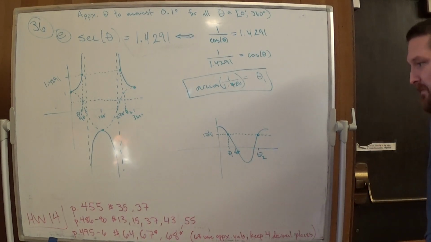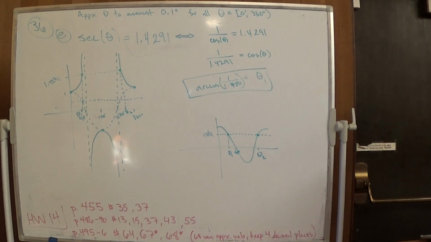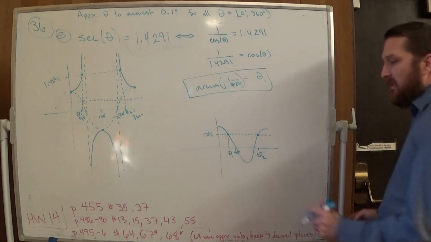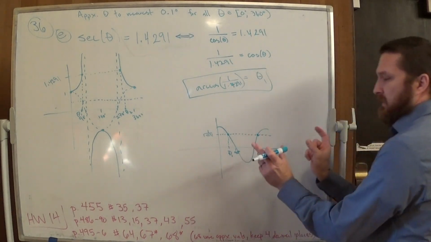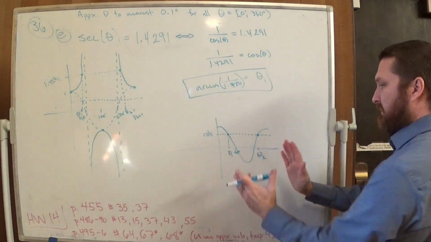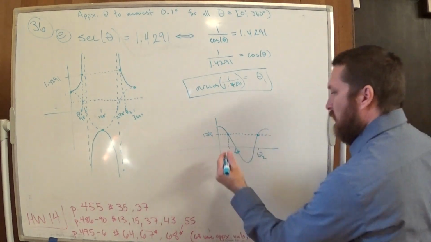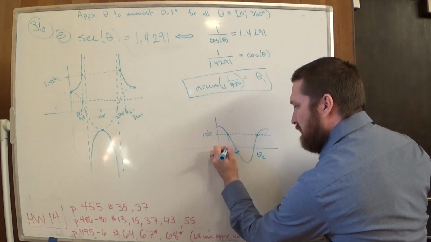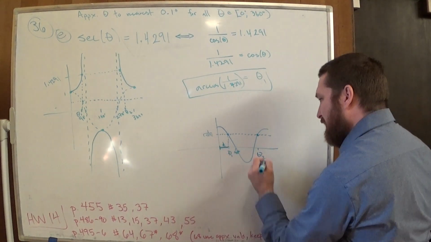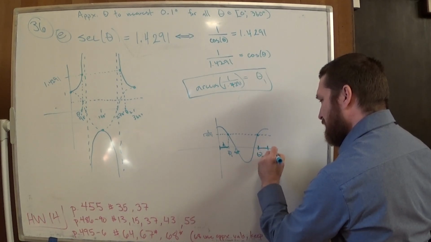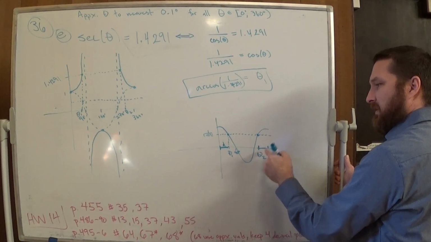How do we find theta 2? The same. It's like 360 minus. Yes. Because in this case, with this kind of symmetry, this is symmetric over this way, right? And so this distance from here to here, let's call it d, is the same as this distance. And here's 360, that's the full period right there.